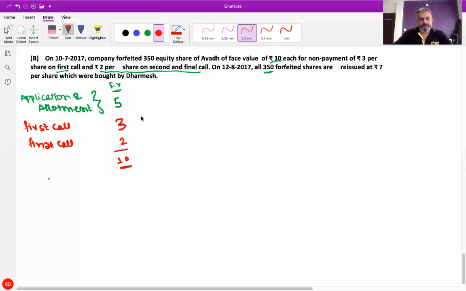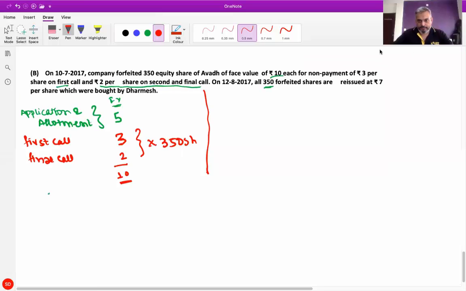We forfeited 350 shares of ours. Now 350 shares we did not get the first call and we did not get the final call. Now let's write the entry of forfeiture first.